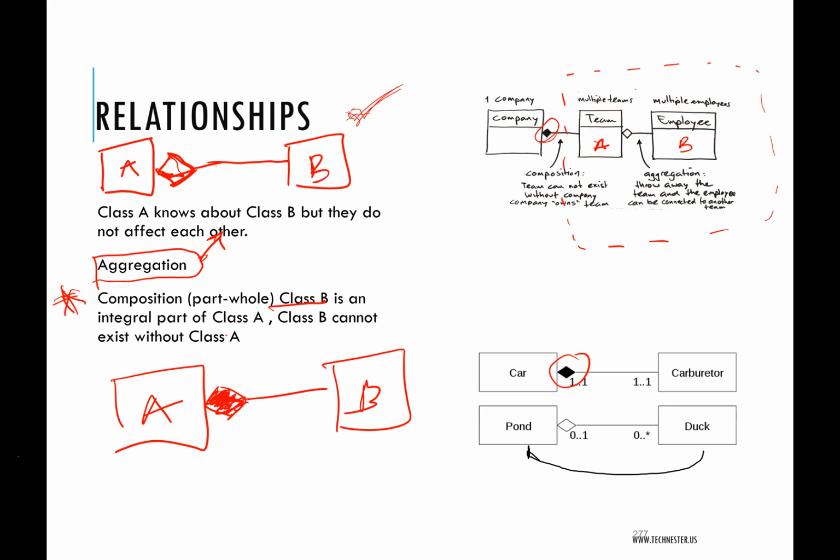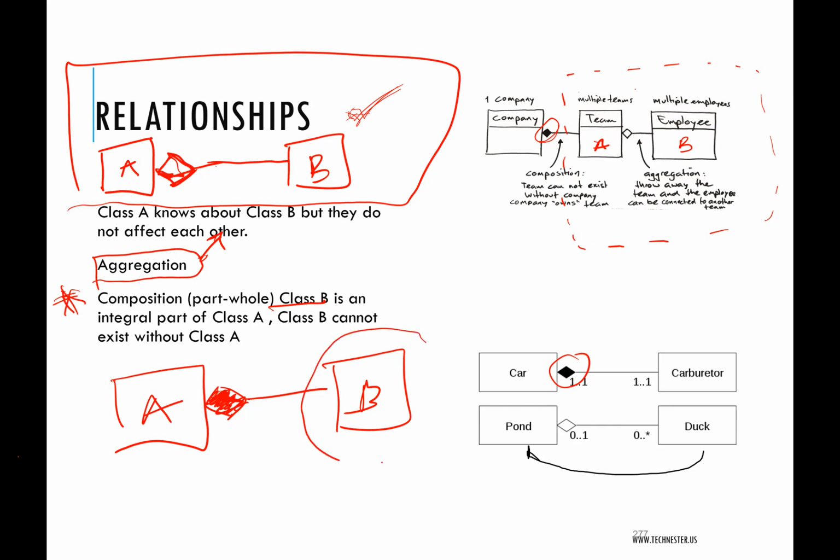They have become part of the jollof rice. So composition is where one thing is a part of something else, unlike aggregation where they are just gathered. For composition, what you are saying is B, this thing that is a part of A, cannot exist without A. But for aggregation, you're saying they are just gathered and B can stand alone.